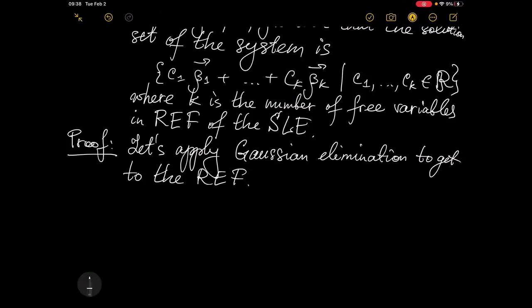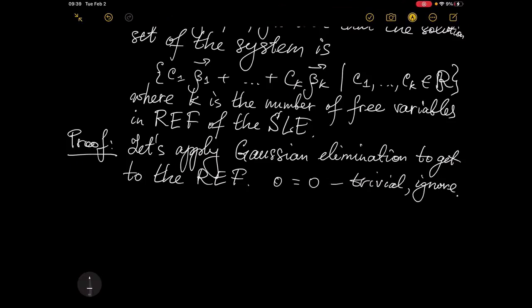There can be some zero rows in the row echelon form, and we ignore them, because the equation 0 equals 0 is trivial, right?